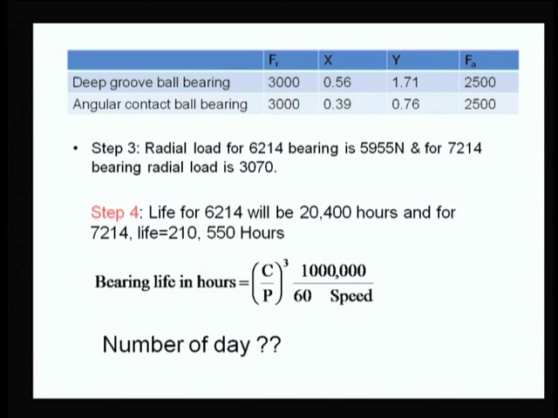Of course, if we want the life in number of hours, we need to find the number of days. We need to find how many operating hours in a day, 8, 10, 12 or 16 hours. Based on that, we can find how many days this bearing is going to survive. Generally, for machines, we calculate bearing life in number of days, not hours.